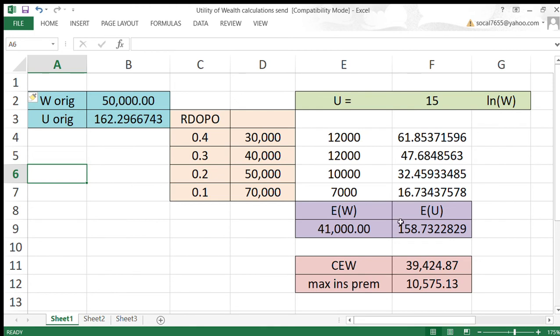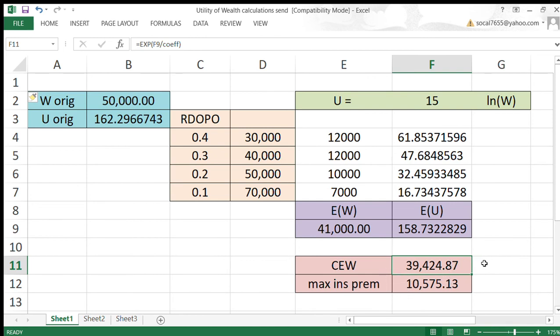And since we use the expected utility for utility, this wealth is a special wealth. It's the certainty equivalent wealth we talked about in the prior video. Okay? And that's calculated right here. And the certainty equivalent wealth is 39,424.87.